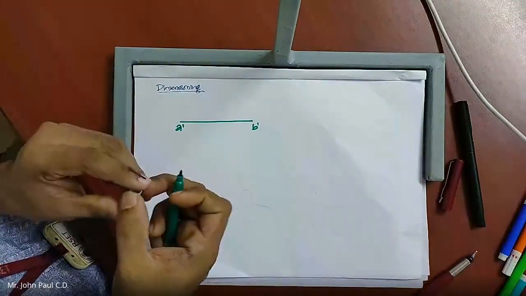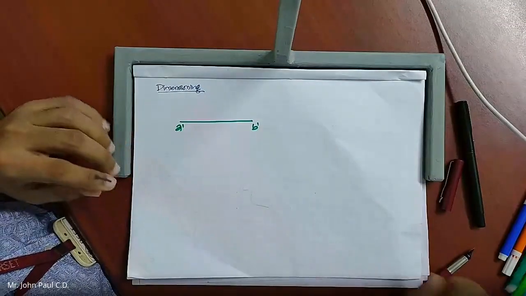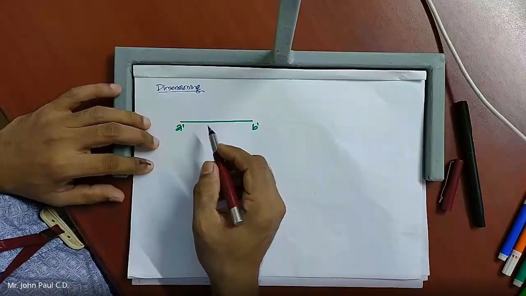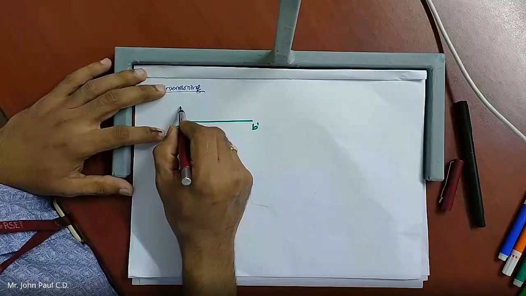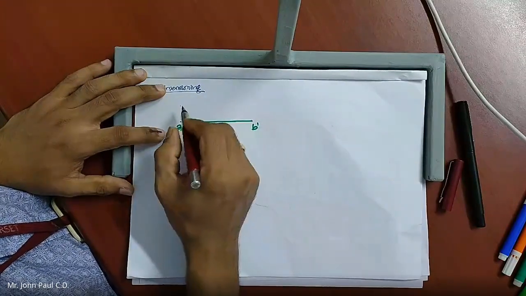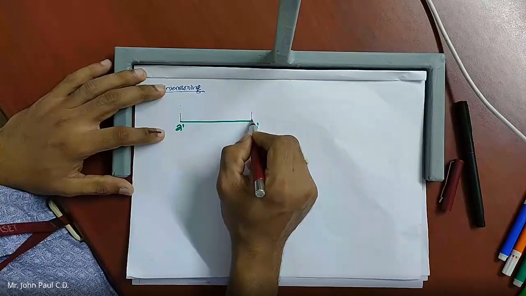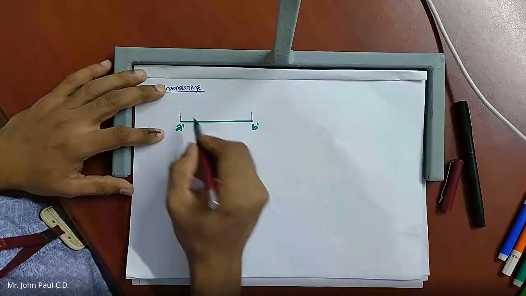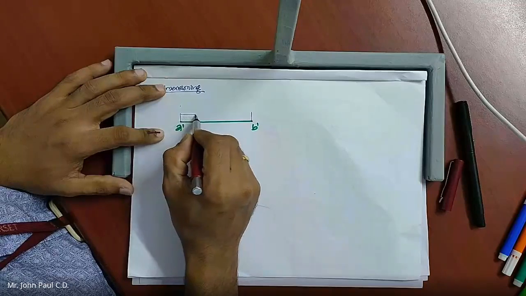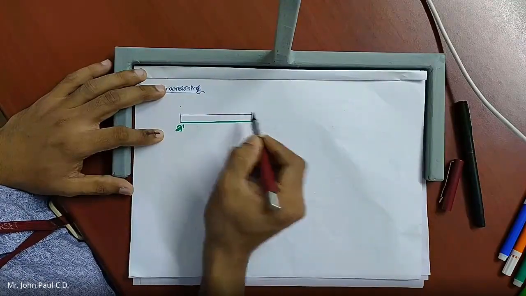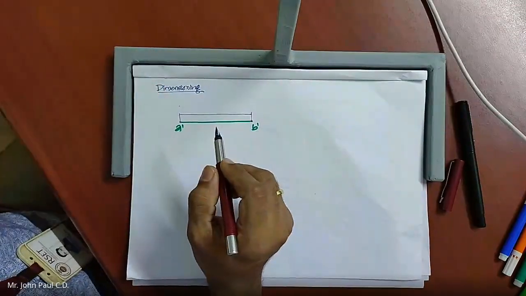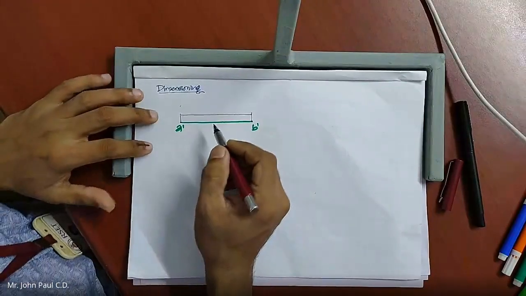I can draw an end projector from this point for dimensioning, and I will draw a dimension line. Since the dimension line is an imaginary one, I can draw that with a thin line.